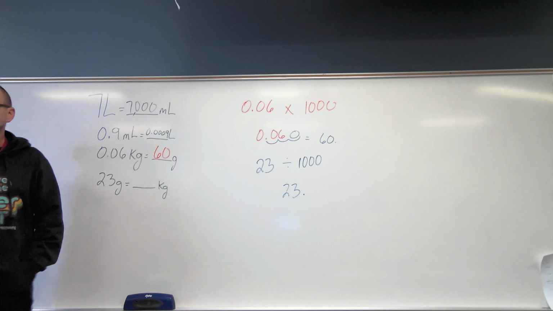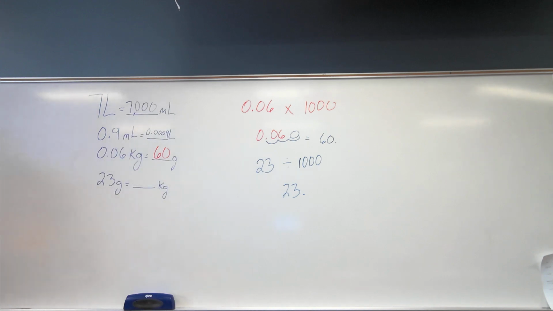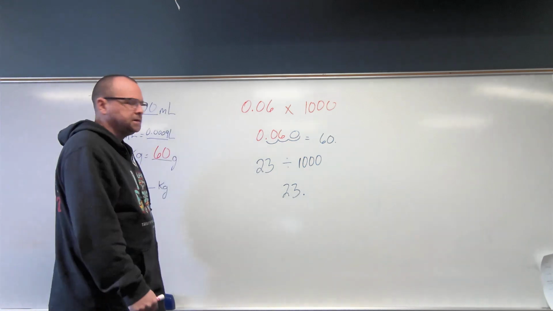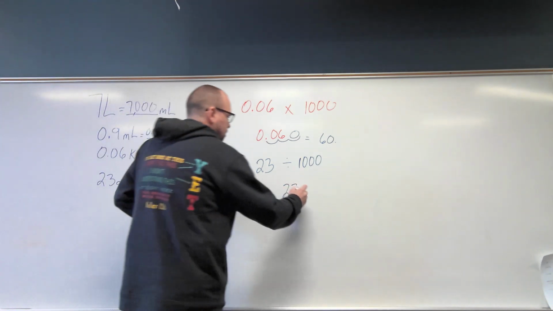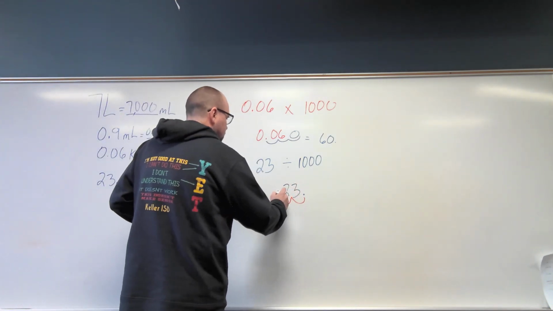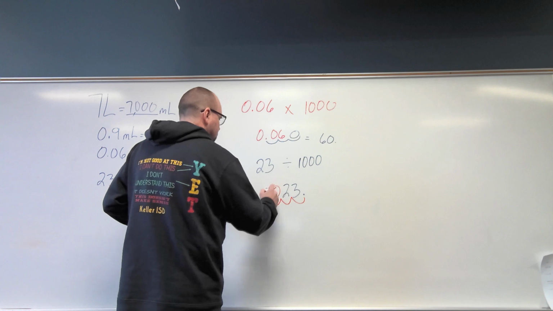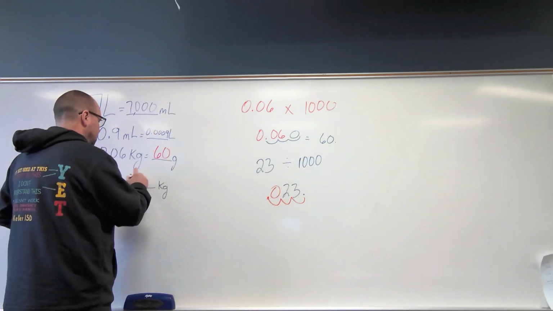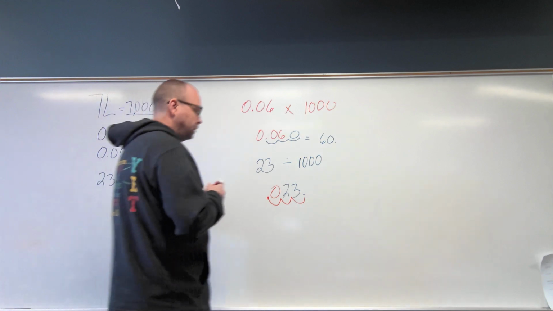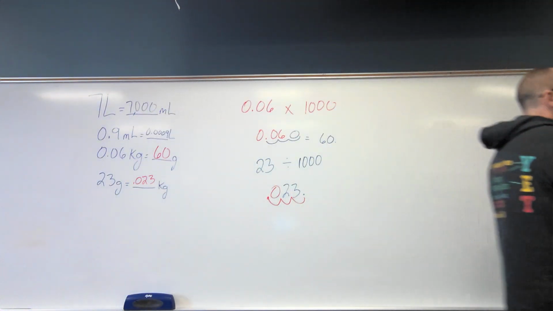Dividing means we move the decimal point to the which direction? Left, because we're going to make it smaller. How many times? 3 times. So 1, 2, 3, which means I need to put a 0 in there. So I got 23 thousandths kilograms.